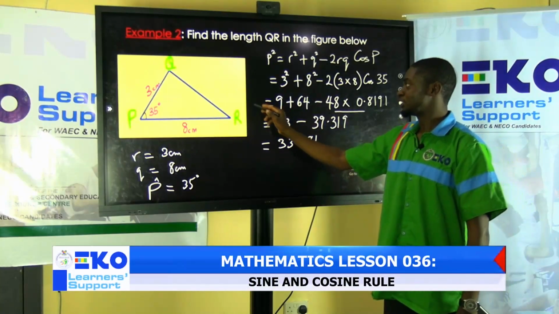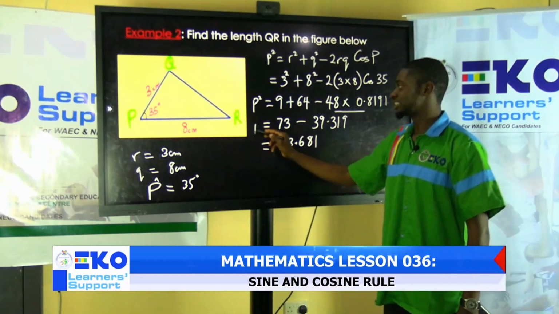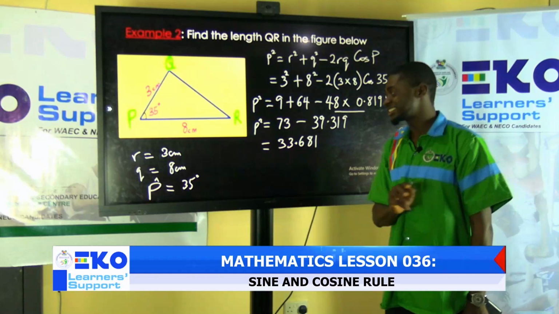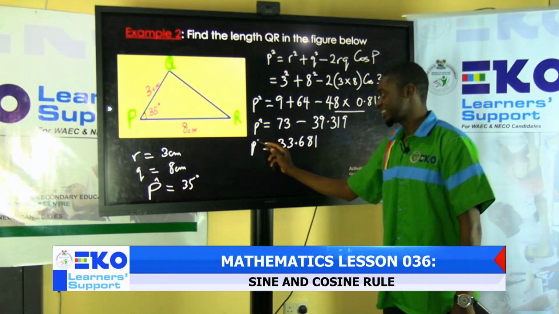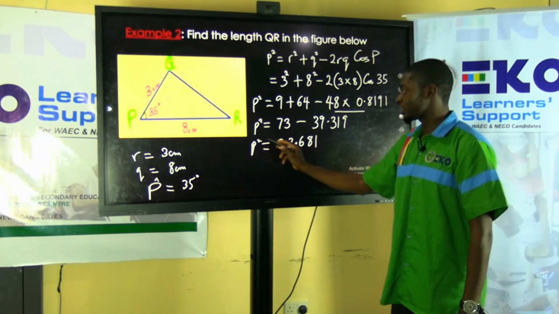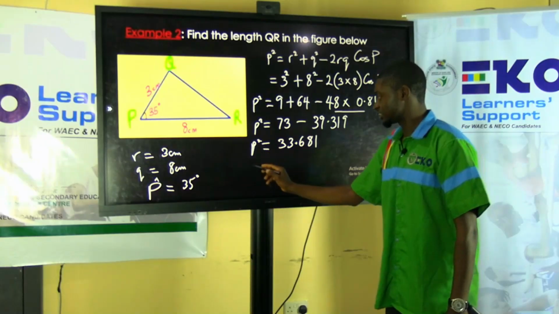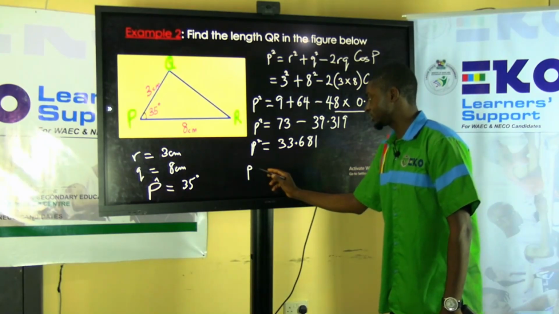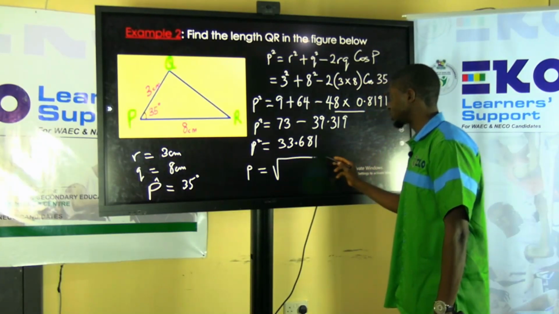Remember, it is p squared that we have gotten, the side p squared. So we take the square root of both sides.